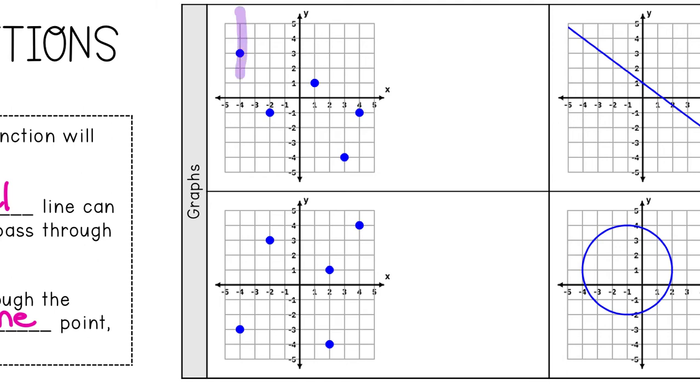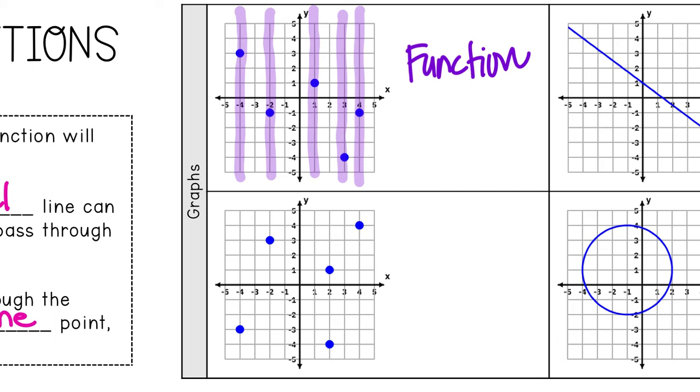So if I do a vertical line here, sure enough, it's only crossing at one point. Let's do one here. Only crossing at one point. Only crossing at one point. Only crossing at one. And only crossing at one. Each time it only intersected with one point. So this is a perfect example of a function.